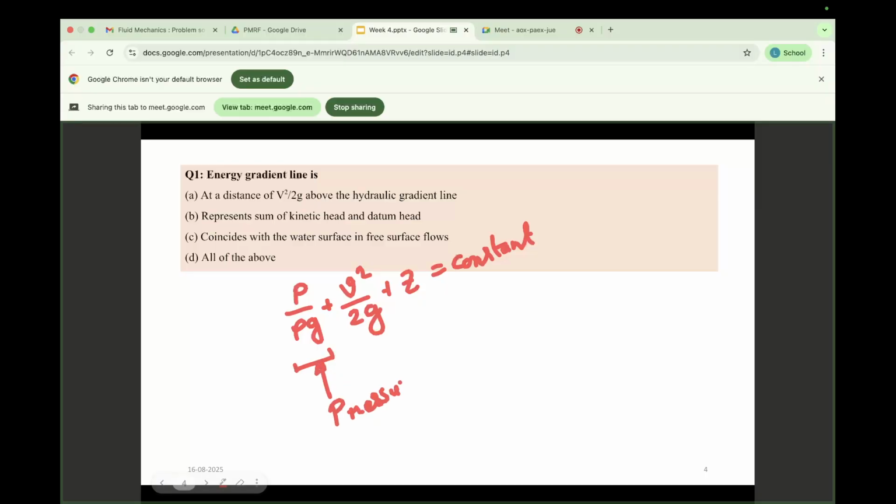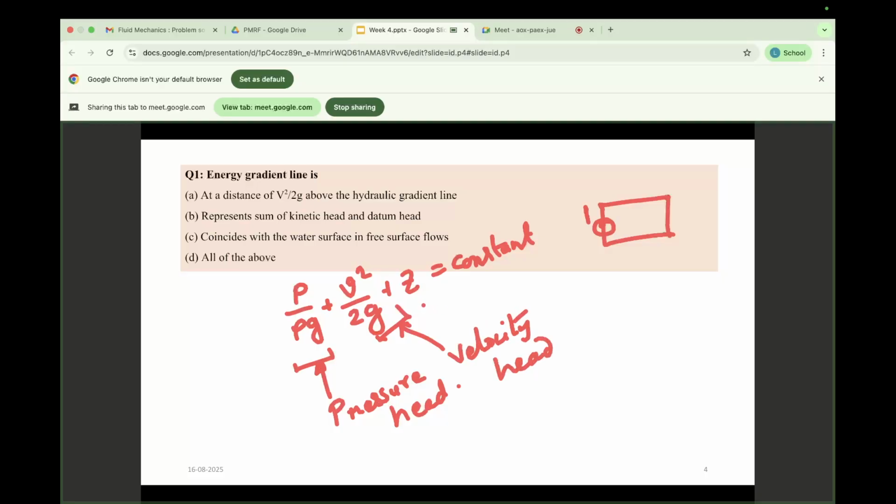So whatever the energy at a point, say anywhere, say this is a pipe. If I talk about this point 1, whatever the pressure head means, this is the pressure per unit, sorry, not per unit volume, per unit weight. So this is the velocity head, and this is the datum head, or someone also calls it the potential head.